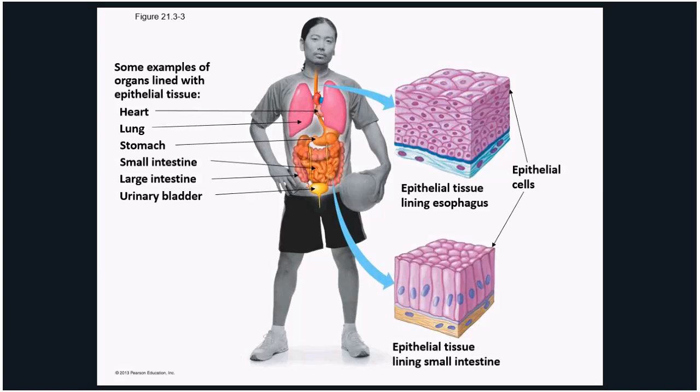And this diagram gives examples of organs that are lined with epithelial tissue, like your heart, lung, stomach, small intestine, your bladder. This one also shows the lining of your esophagus. And then your skin is an example of it too.